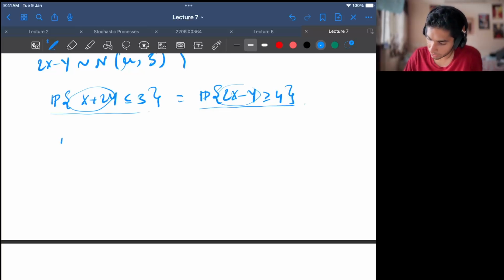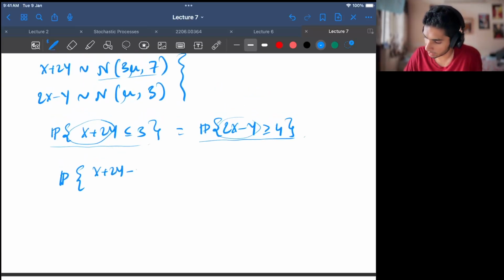So what I'm trying to say is just again shift and scale. x plus 2y minus what is the mean of this thing, x plus 2y? It's 3 mu, right? Minus 3 mu, divided by the standard deviation. Variance is 7, so standard deviation is root 7, less than equal to 3 minus 3 mu by root 7.